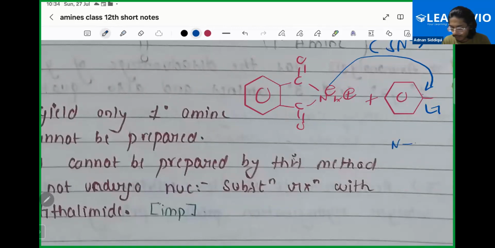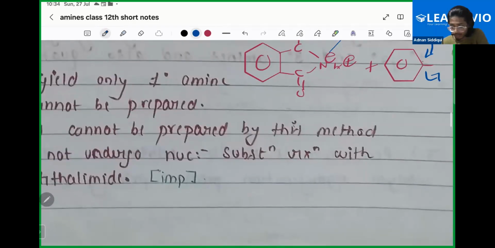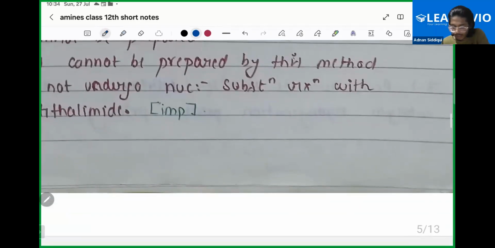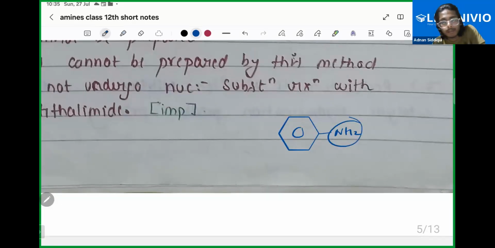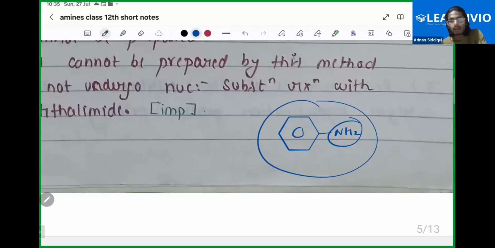We cannot make something like this from Gabriel phthalimide synthesis. You might be wondering: if I do this reaction completely, I will get something like this, NH2. This is again a 1 degree amine, but it is aromatic.